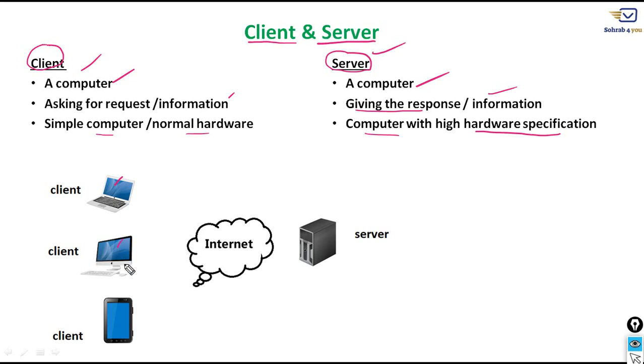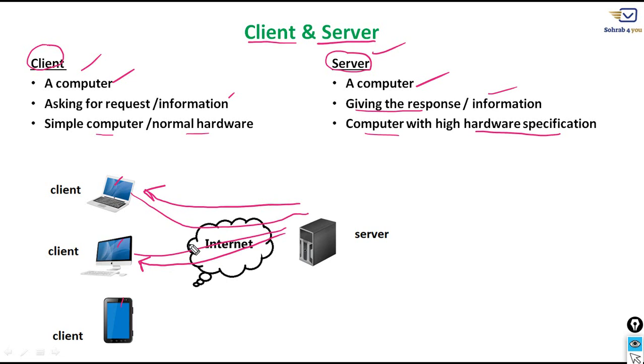If this client wants to go to any website, first it sends a request to the server. Then the server finds it and responds back to the client. Or suppose this client wants to access Google. First it sends a request, then the server replies.